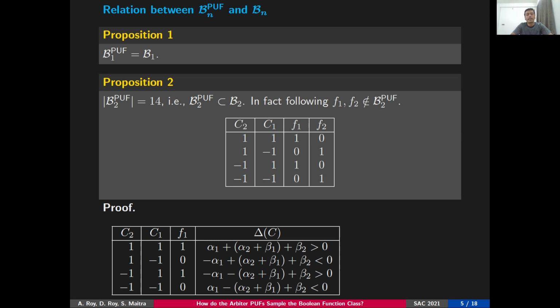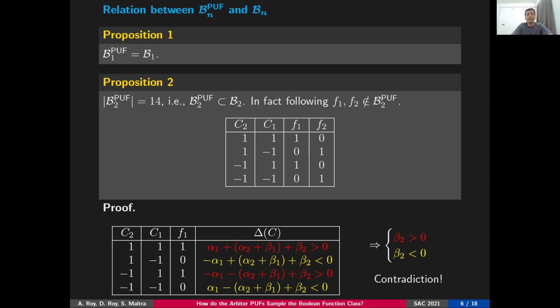In fact, we can see that these two Boolean functions f1 and f2, whose truth table is given in this table, are not present in the B2 PUF set. Now, to understand why these two Boolean functions are not present in the B2 PUF set, we have constructed all the inequalities, and you can see that if we consider these two inequalities which are marked in red color, if we just add these two inequalities, we will get beta 2 is greater than 0.